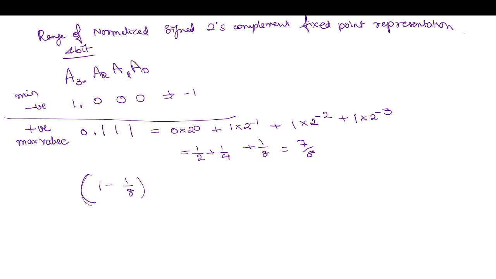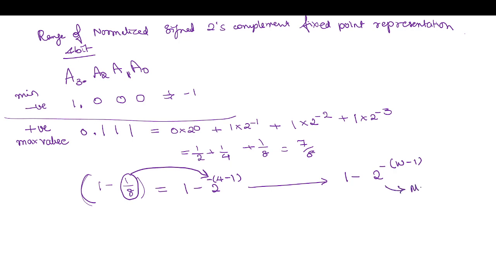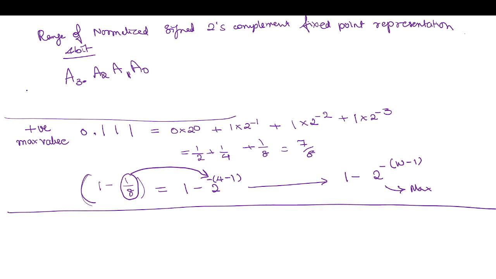In general, this will be 1 minus 2 to the power minus (w minus 1). This will be the max value. For the minimum value, I will cover this now.